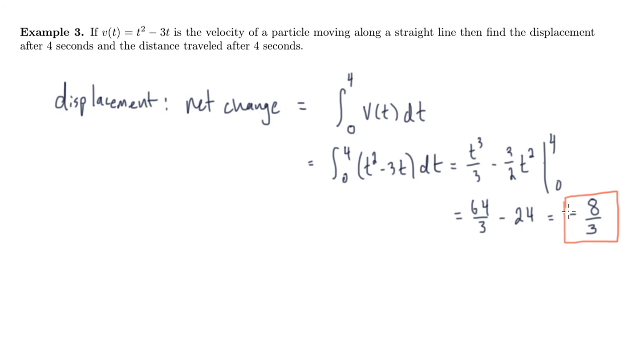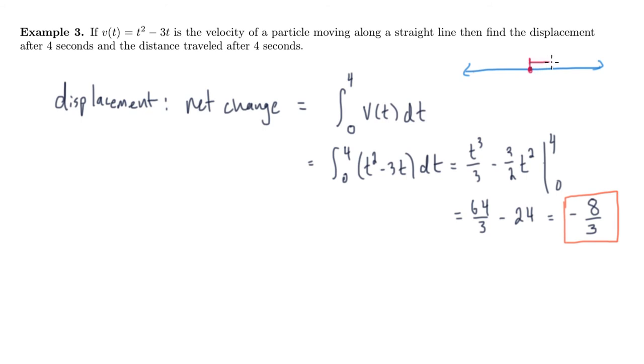So I started out probably going forward, and then I ended up well behind where I started on this straight line. In other words, here's our number line that our particle is moving along, and we're going to start somewhere. Interestingly, we don't know where we start, and we don't even care. That's the cool thing about net change: I only care about where I end up.